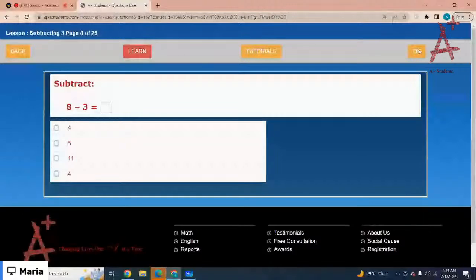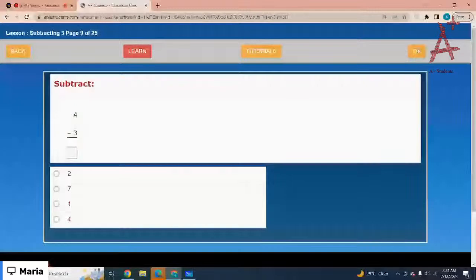It would be 5. So 8 take away 3 is 5. The next one is 4 take away 3. So which is the correct option? The correct option is 1. 4 take away 3 is 1.